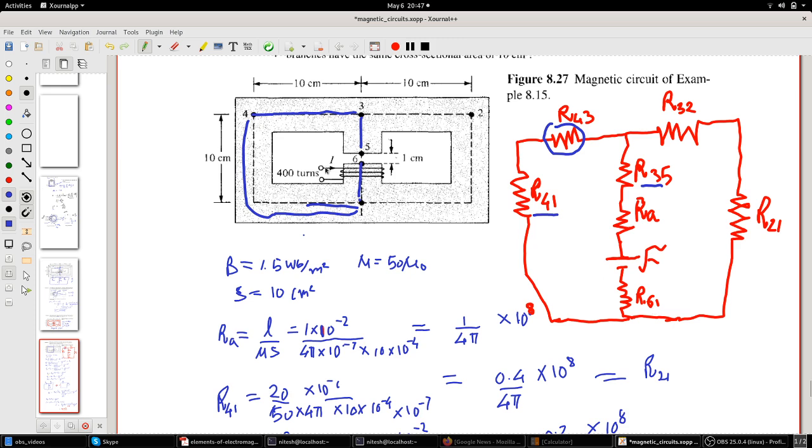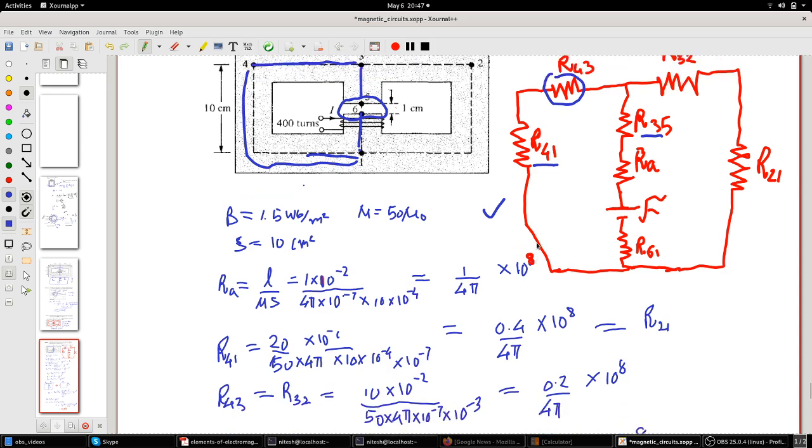Okay, and this 400 turns of coil with a current I is converted into an MMF source which is given as F. Okay, and RA, which is this part here, this part here, is an air gap reluctance. Okay, so this is the equivalent magnetic circuit that we have redrawn, which looks similar to the electrical circuit.